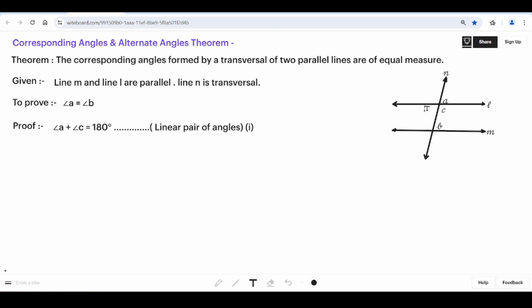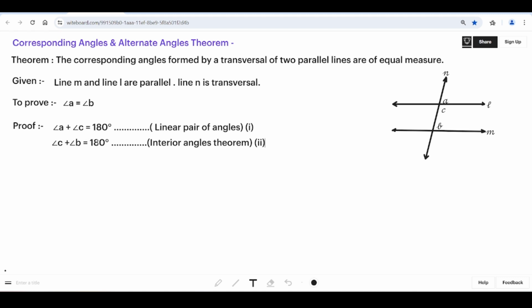We have seen in the first part, these are the interior angles. So, from our previous theorem, we can say that angle C plus angle B is 180 degrees, this is from the interior angles theorem. And we will give it the name equation number 2.